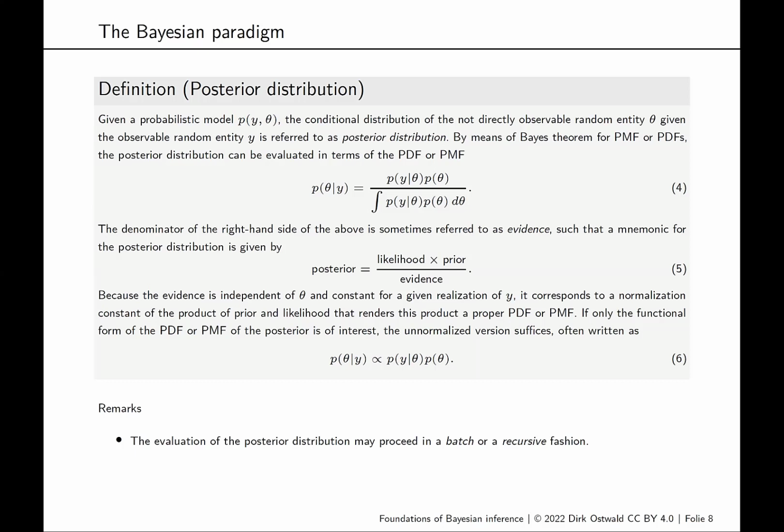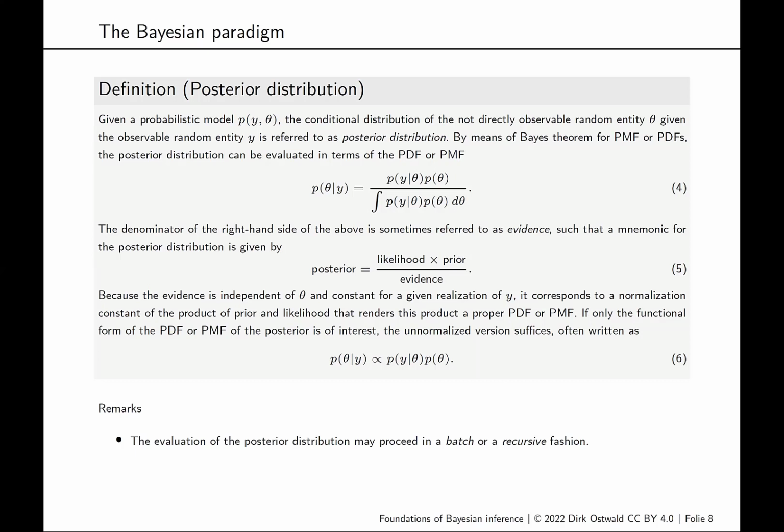So let's say this is 0.5, and here we had, I don't know. So we rescale this so that the probability densities integrate to 1. And this rescaling is done by this denominator here, the evidence.